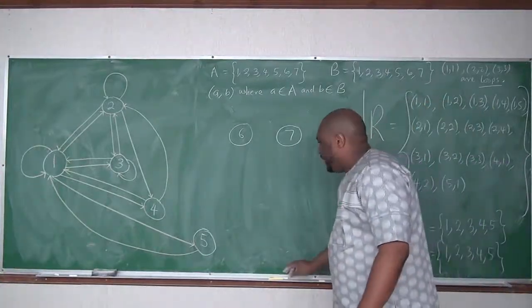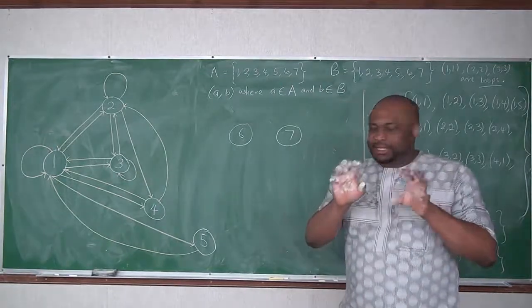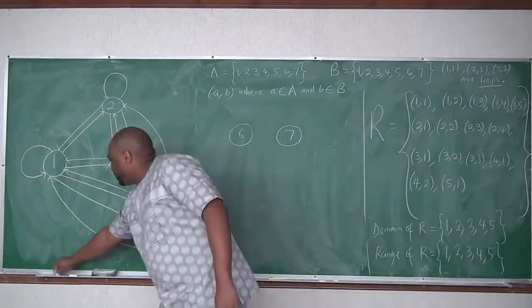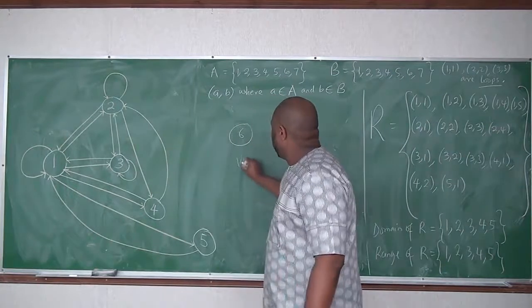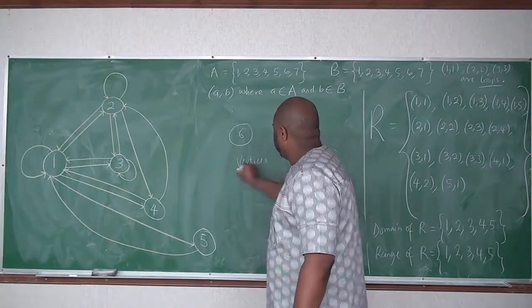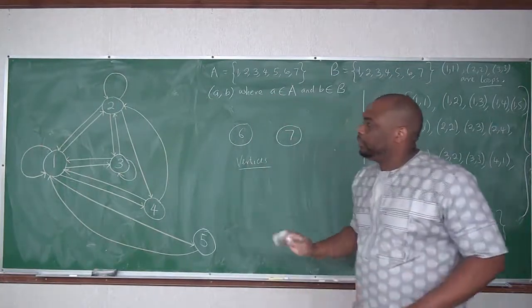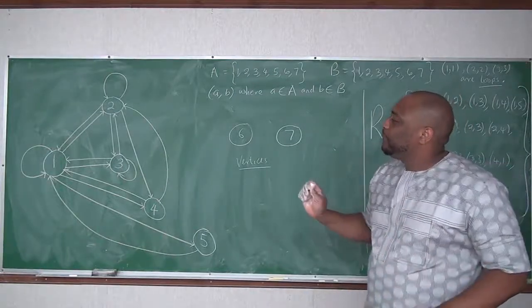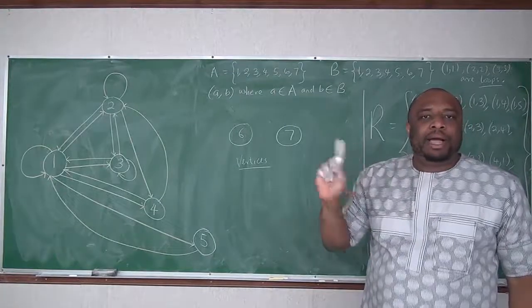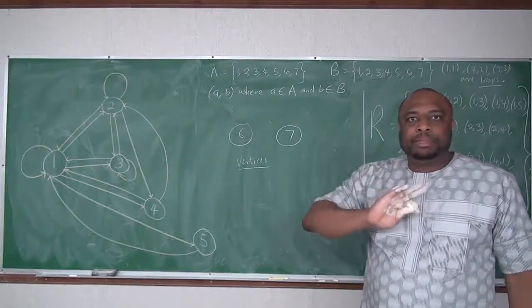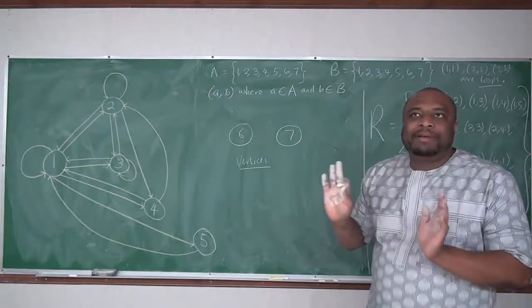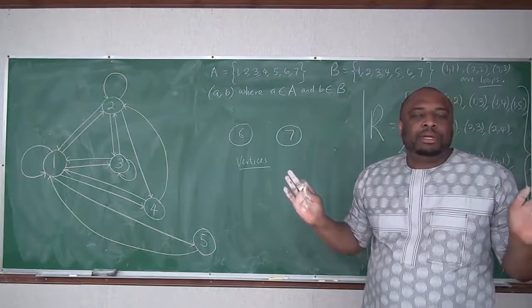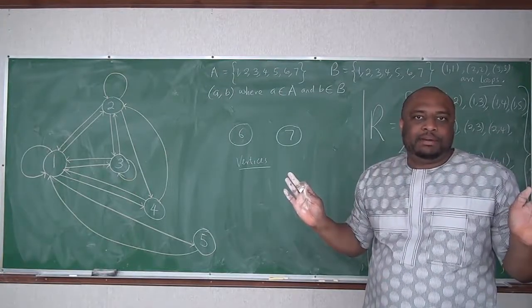So let's look at each vertex. For each of the vertices, let's find how many arrows are there whereby that vertex is the initial vertex of the edge.